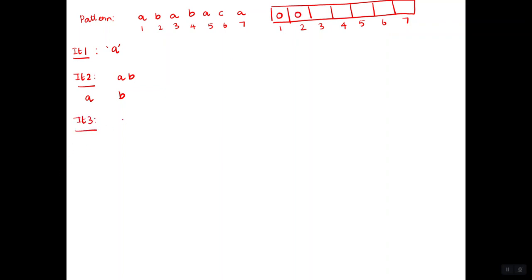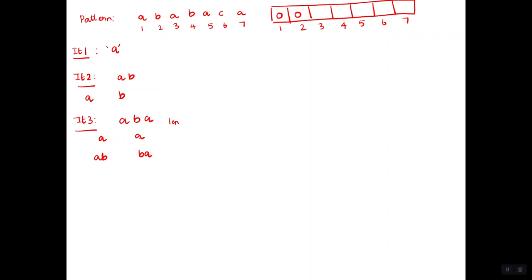In iteration 3, first 3 characters I am going to take in. 3 characters means you can go for substring till length 2. So A and A, AB and BA. We cannot go beyond this because maximum substring length is equal to 2. So now coming to the length of this particular prefix and suffix.